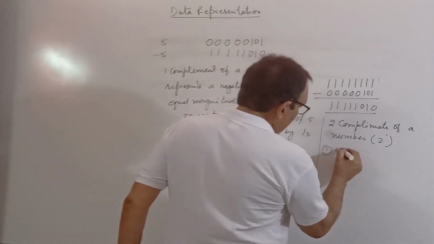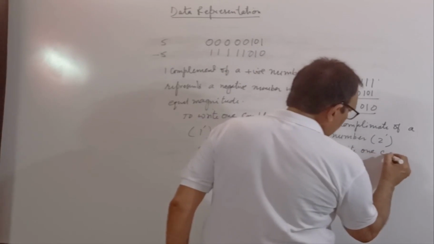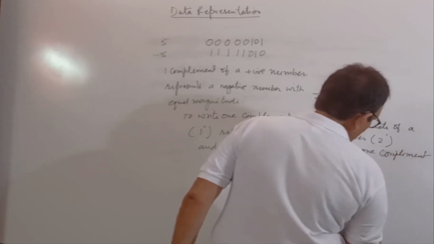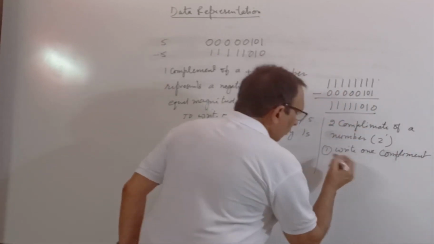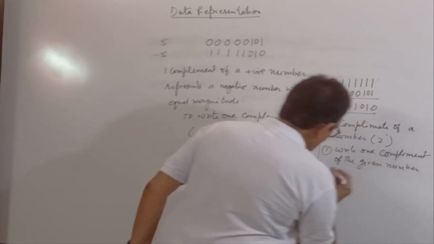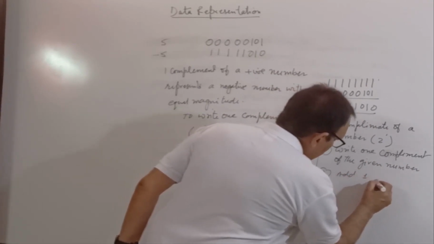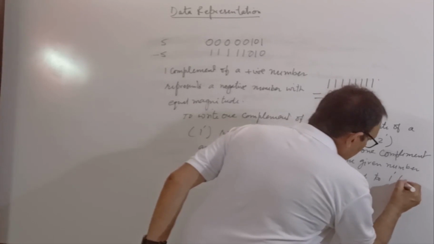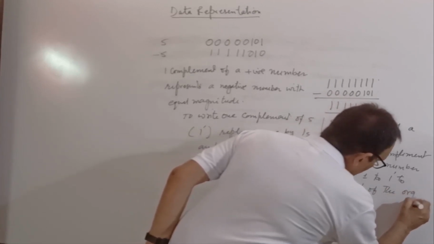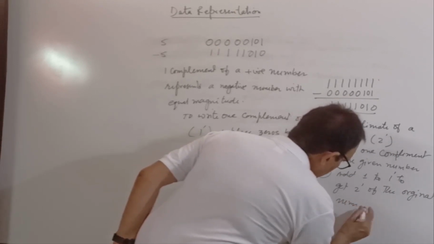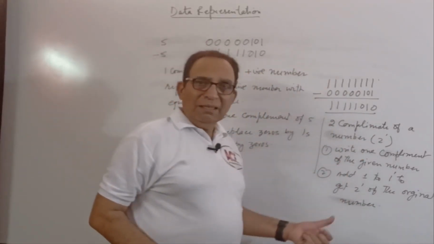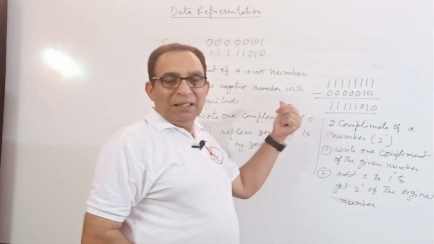So, write the 1's complement of the given number, and add 1 to the 1's complement to get the 2's complement of the original number. 2's complement also represents the negative of a given number.